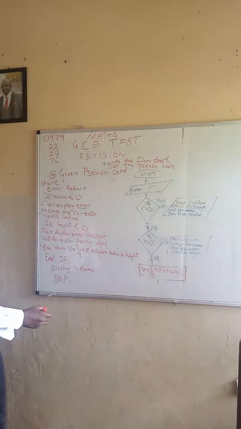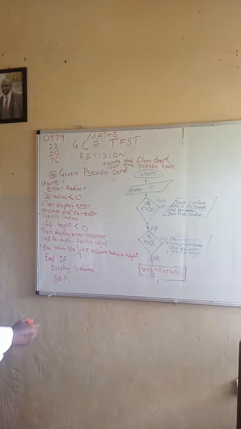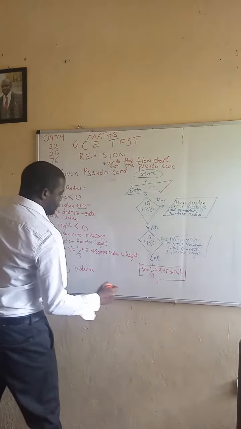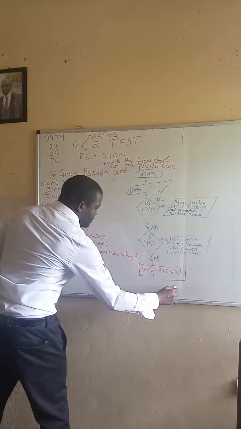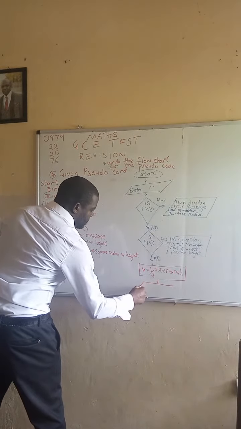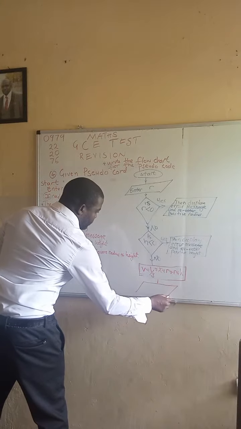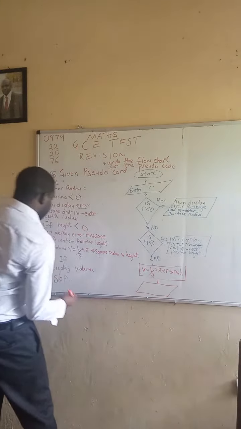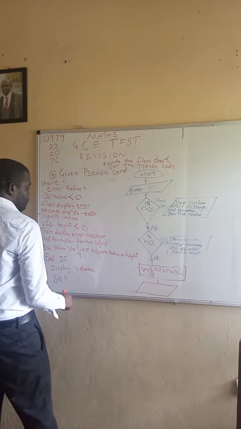And then until we now reach the end. Here the second last box is like this, which is the output volume.